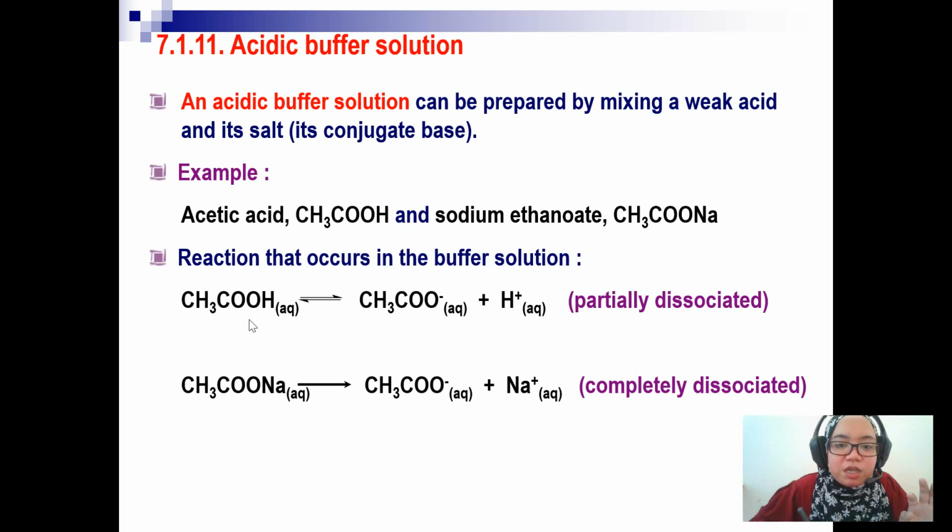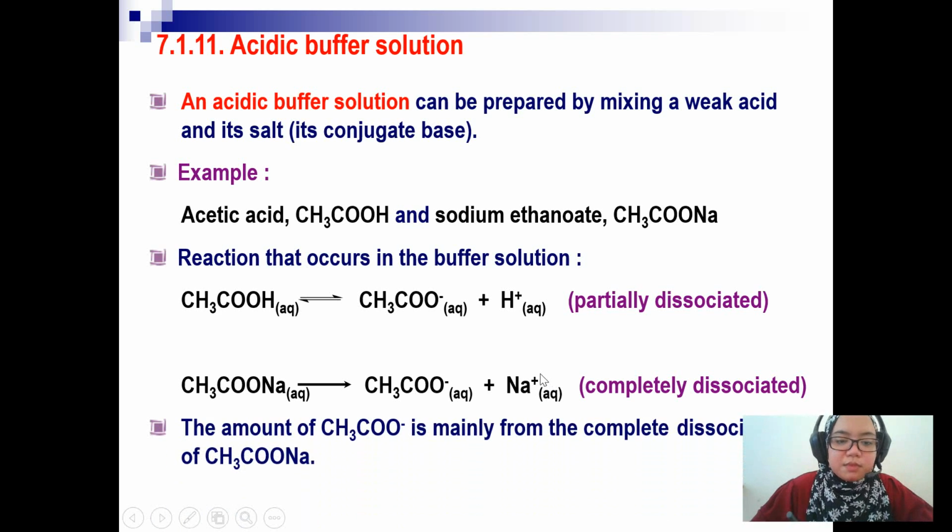So sodium ethanoate here will completely dissociate to form ethanoate ion CH3COO minus and sodium cation. So the amount of ethanoate ion is mainly from the complete dissociation of sodium ethanoate.